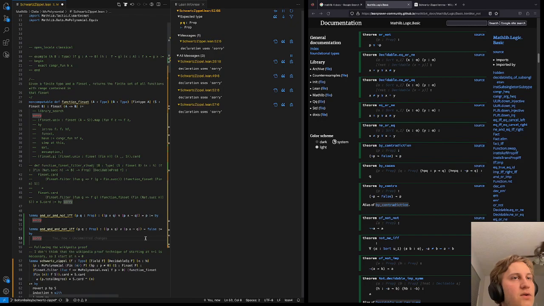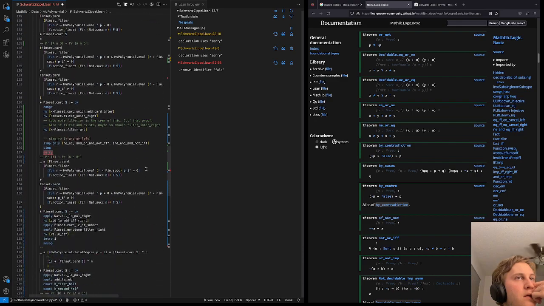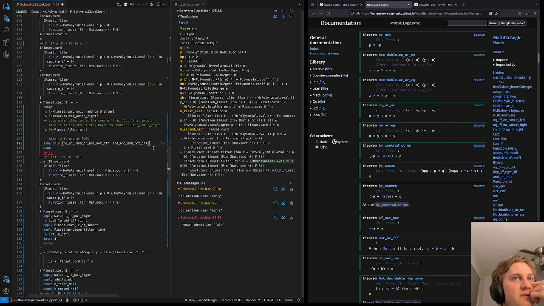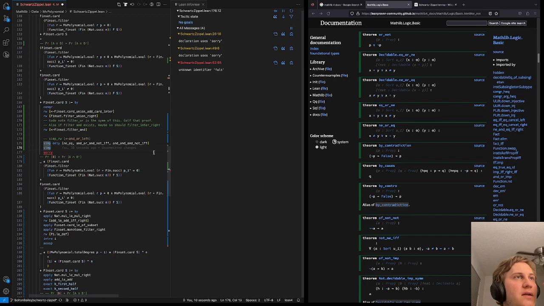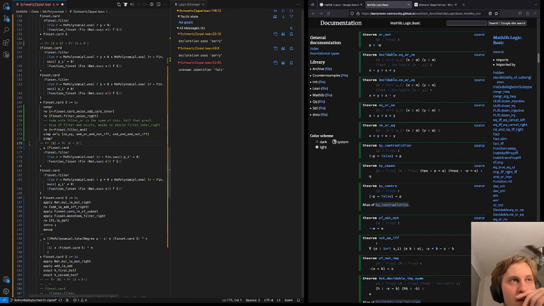It cannot be the case that Q and not Q are the same. Obviously P is not right, but this should simplify to that, and that should simplify to nothing. Okay, I think I've finished this now.